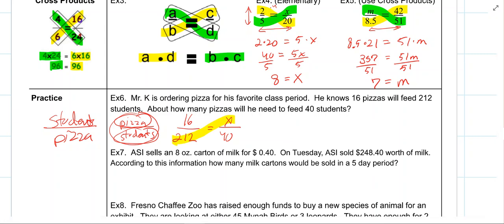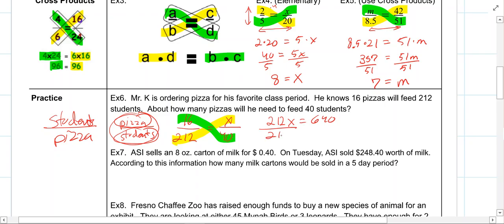212 times x, which is 212x. And then I use 16 times 40 in my calculator, and I get 640.